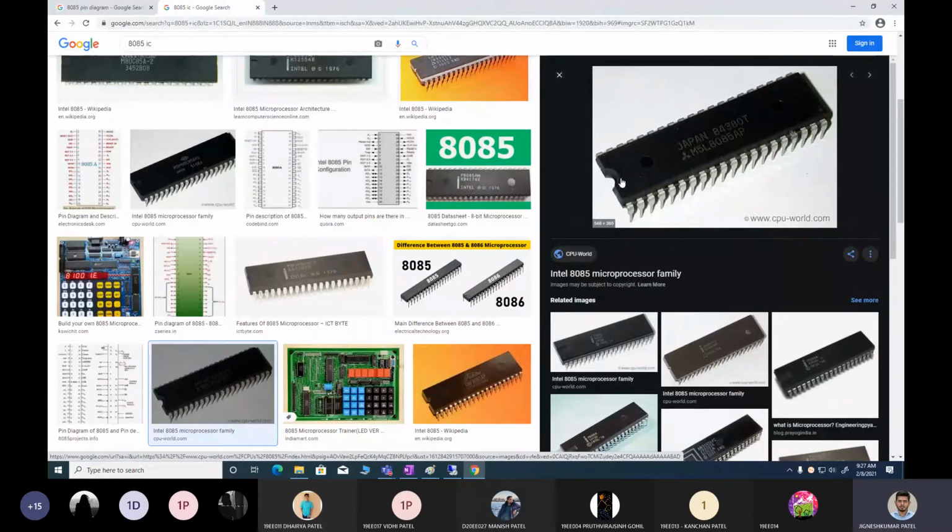Whenever you see any IC, there would be this kind of mark created. Wherever this mark is there, besides that, on the left hand side there will be the first pin. So with respect to this mark, keep this mark on top, and whatever you see on the left side would be the first pin.